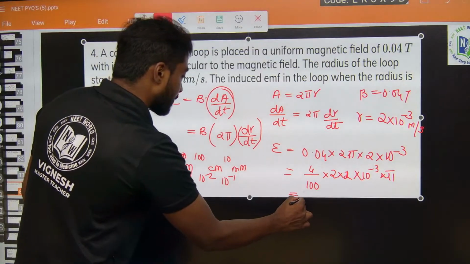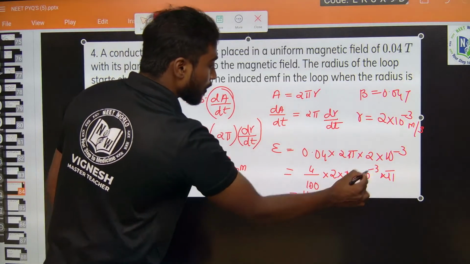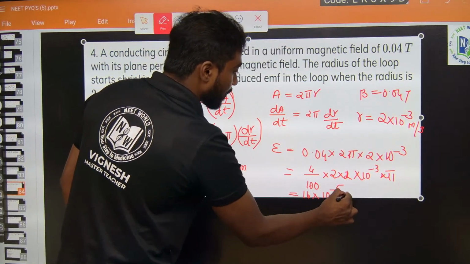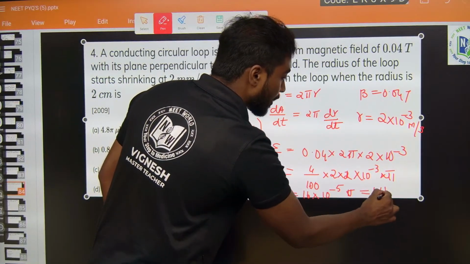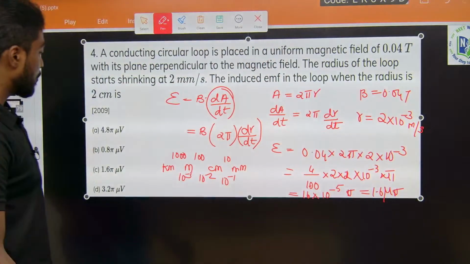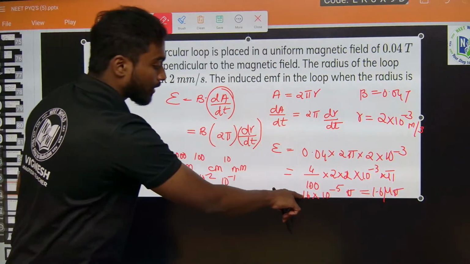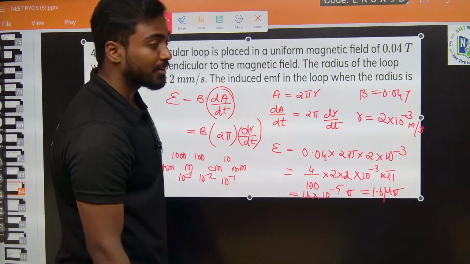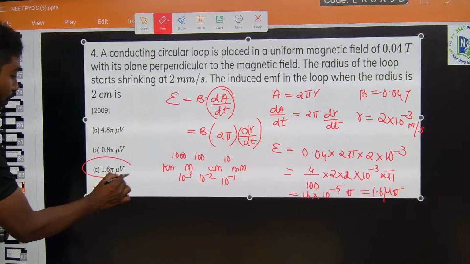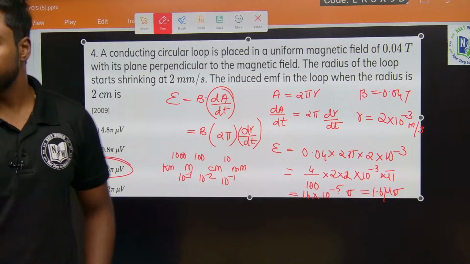So it is 16 into 10 power minus 5 pi, which is nothing but 1.6 micro pi, or I can write 1.6 into 10 power minus 6 pi also. So I will get option C as the answer.